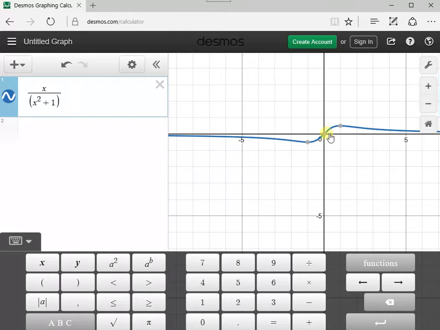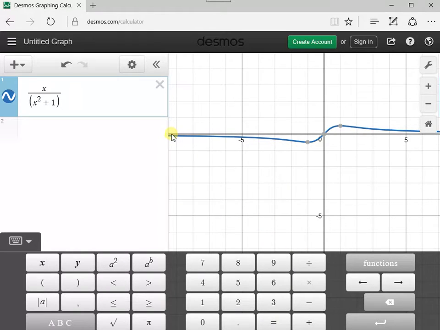Then we're increasing from -1 to 1. And then we're going to decrease again, continuously decreasing because we're approaching this asymptote, on 1 to infinity. Remember, we read from left to right.